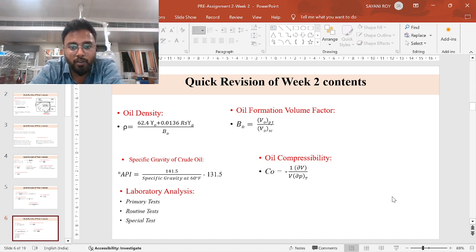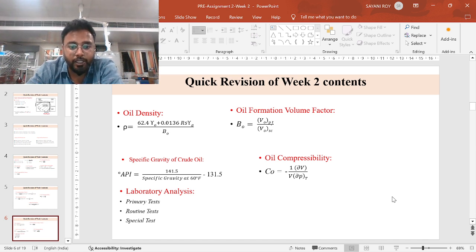The formula for oil formation volume factor is the same as the gas formation volume factor. It is the volume of oil at pressure and temperature divided by the volume of oil at standard pressure and temperature.